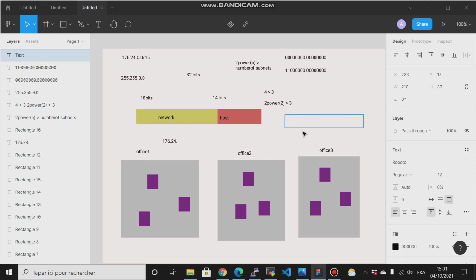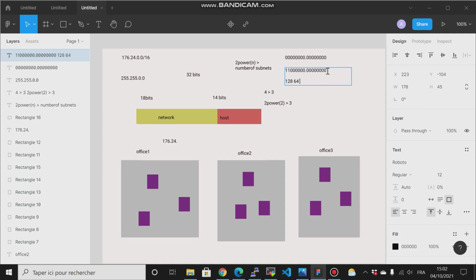So here we will have 128, and the other one is 64, then 0 0 0 0 0, because to convert binary to decimal we do the value that is here multiplied by 2 to the power, counting from 0 1 2 3 4 5 6 7.